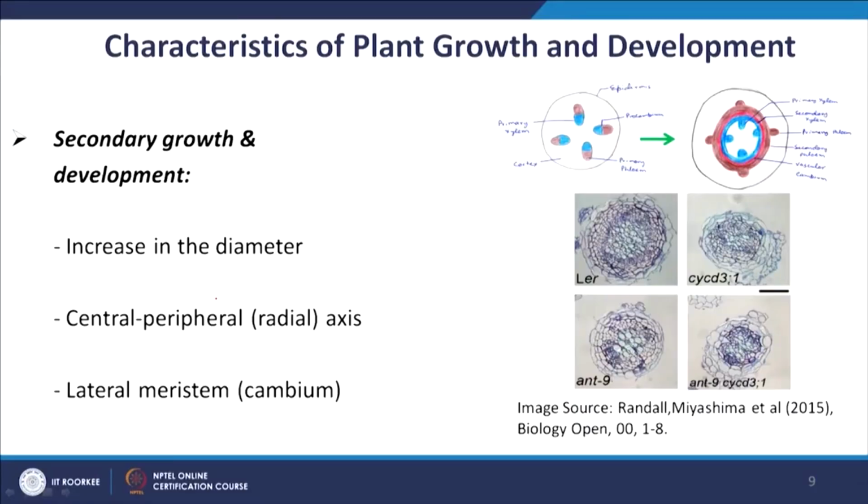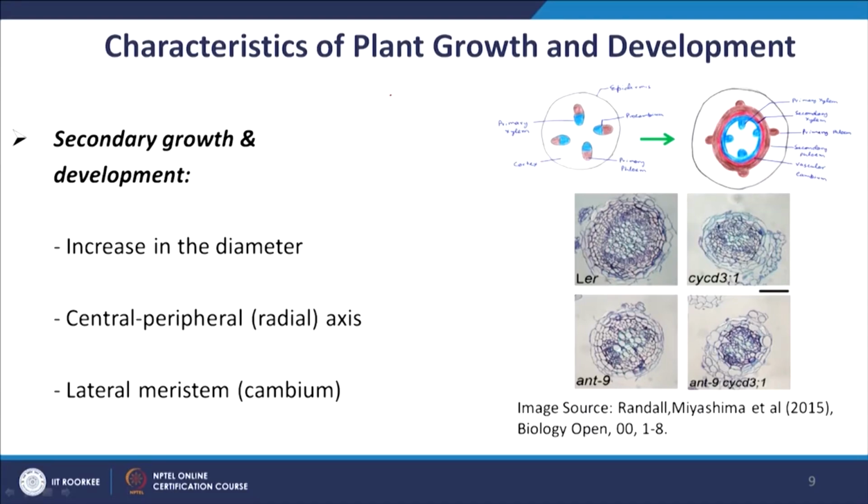But during primary growth, these meristems are not activated. The meristem is there, the region has already been marked as the region which will undergo secondary growth. Secondary growth is a growth which occurs to increase the diameter of a growing plant. And as I said earlier, this happens in the central and peripheral radius.